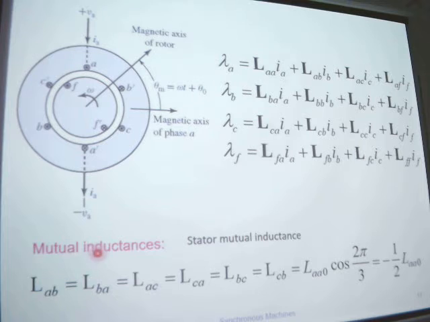So the mutual inductance is 1/2 of the self-inductance. So this inductance also can be calculated by this equation.